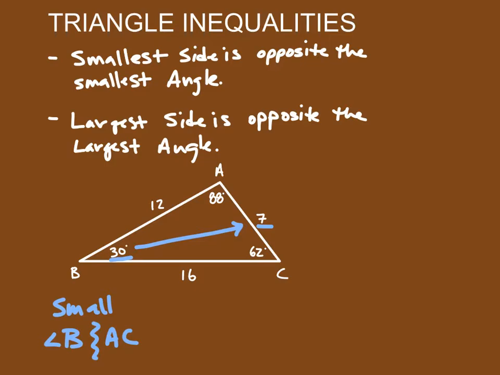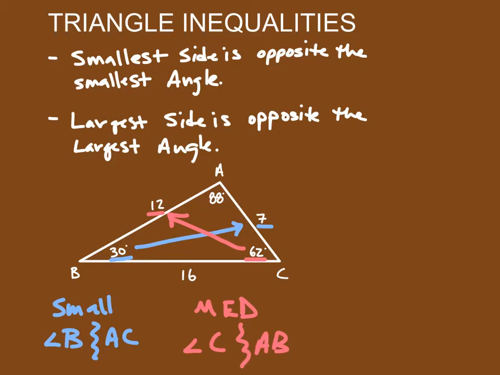Our medium side length is 12 and our medium angle measure is 62. These are across from each other, so 62 degrees is across from the side length of 12. These are both the middle measures. Angle C is our middle angle, and length AB is our medium side length.